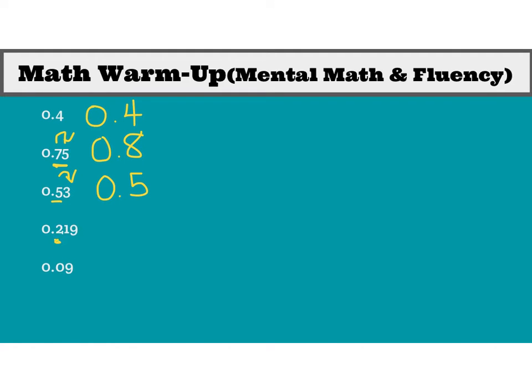Our 2 is in the tenths place. We have a 1 in the place to the right, so this would stay 0 and 2/10. And our last one, we have a 0 and we have a 9 to the right, which means that's going to bump that up to 0 and 1/10. How'd you do?